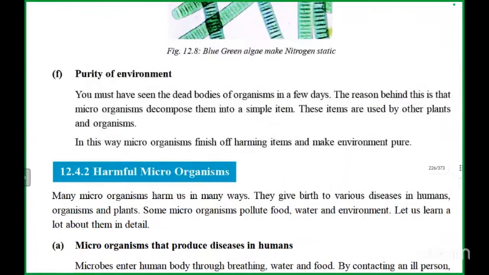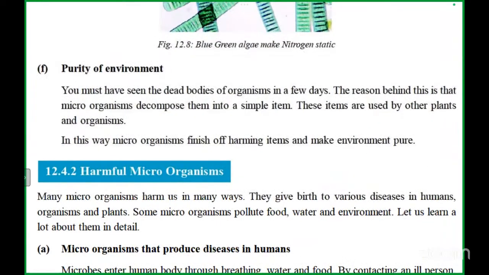Now, purity of environment. You must have seen the dead bodies of organisms disappear in a few days. If left at one place for some days or weeks, they become dust or mud. Why is that so? Because microorganisms enter them and break them down, and this cleans the environment.